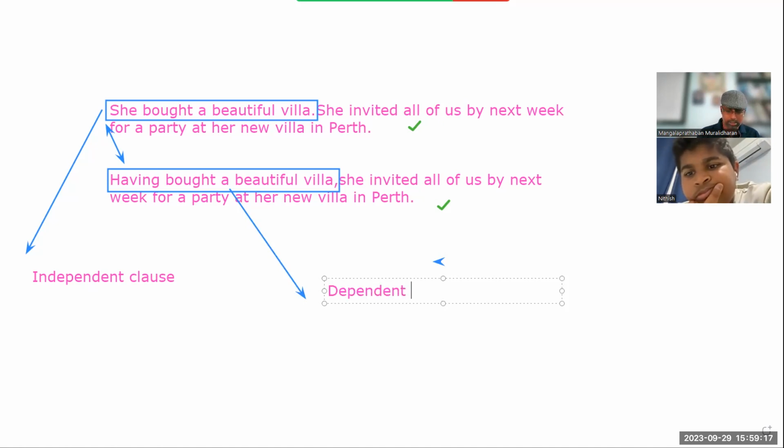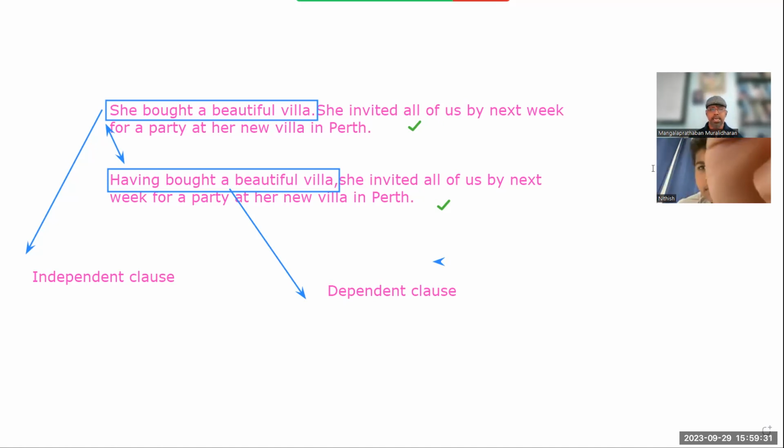Okay, is that easy to understand? The spelling for dependent could also be D-E-P-E-N-D-E-N-T, both are accepted. So, do you have any questions? I will try to answer.